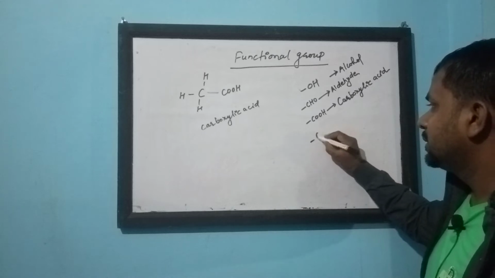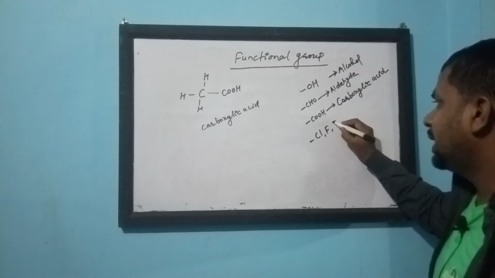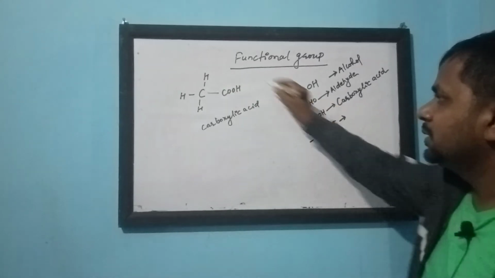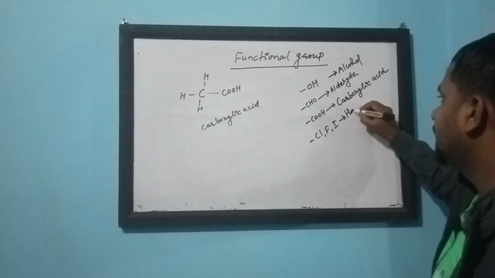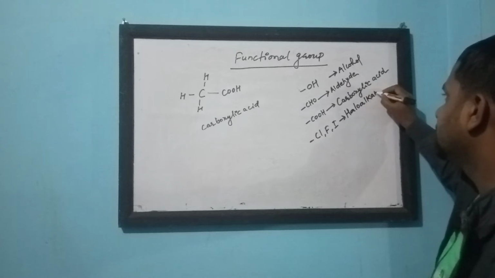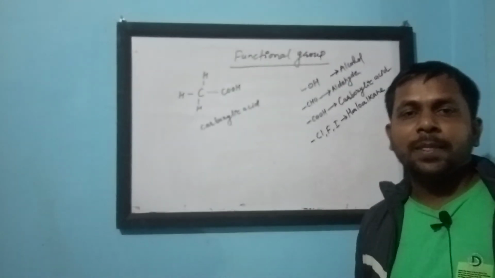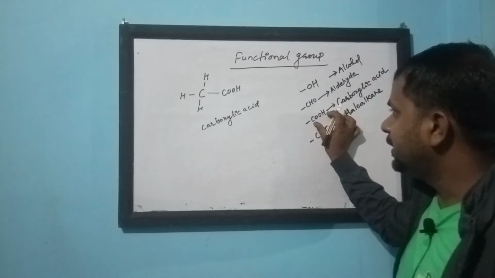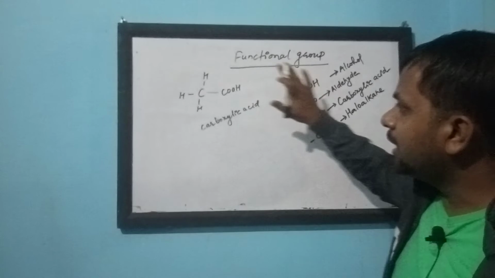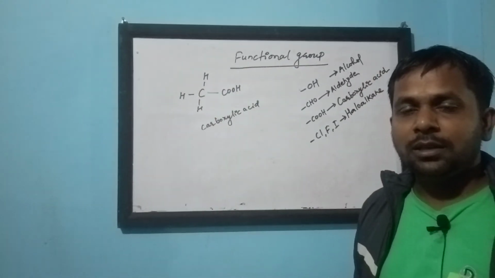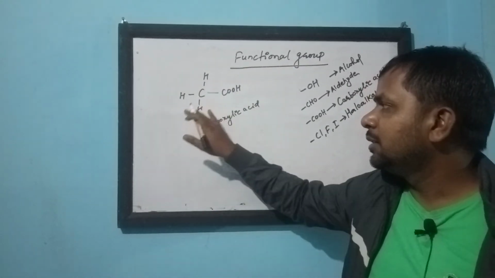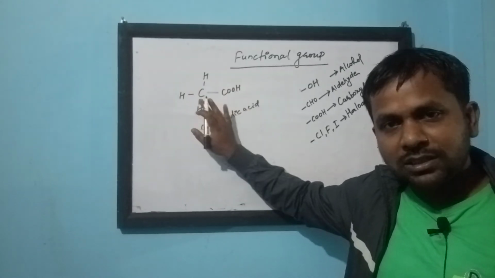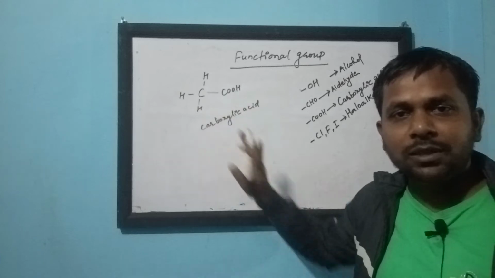If Cl, F or I is attached over here, then this compound becomes a haloalkane. What I wanted to say here is that this atom or group of atoms, when attached to the alkyl group, determines the nature of this compound, whether it is an alcohol, carboxylic acid, aldehyde or haloalkane.